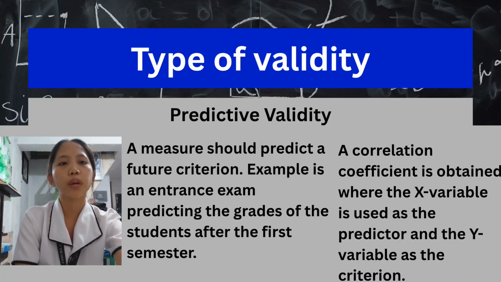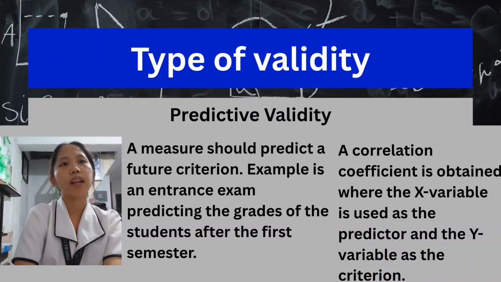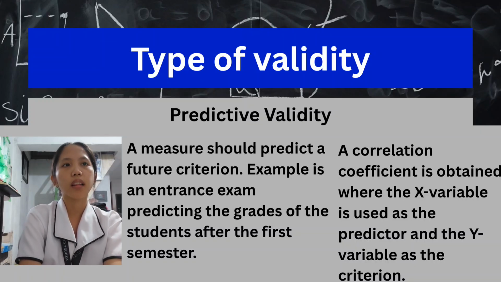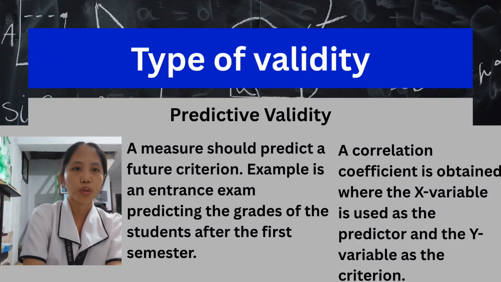And then after that, we will calculate their correlation. If there is a strong relationship between the entrance exam scores and future grades, we can say that the test has a good predictive validity. So in simple words, when we say predictive validity, it asks, can the result of this test predict how someone will perform in the future?